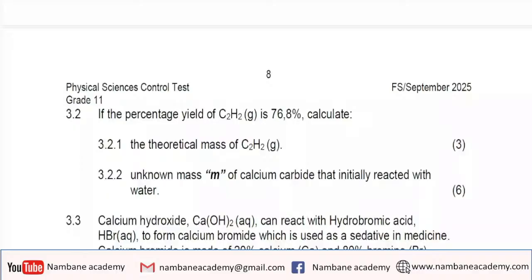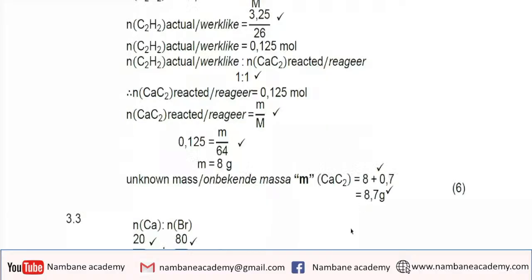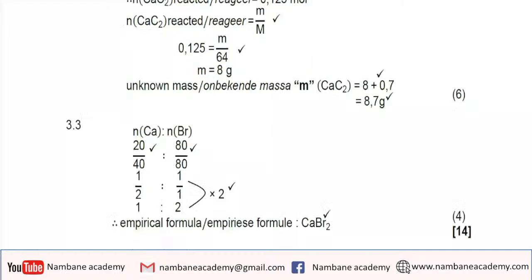Then what was done there was the mass percentage was shown, and then that mass percentage on the memo has been divided by the atomic mass of each substance, calcium and bromine. So it's 20 over 40 gets 1 mark, and then 80 over 80 also gets the second mark.